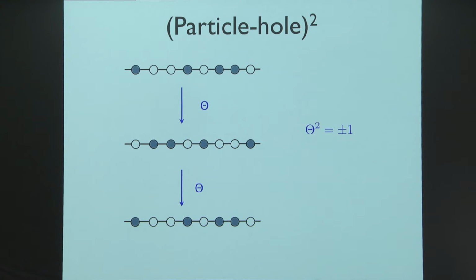Another way to argue that particle-hole symmetry has to look like time reversal at the level of the composite fermion is to think about the particle-hole conjugation squared. Under particle-hole conjugation squared, a state is mapped to itself. But the square of the antilinear transformation can be plus or minus 1, and we have to determine the sign by explicit calculation.